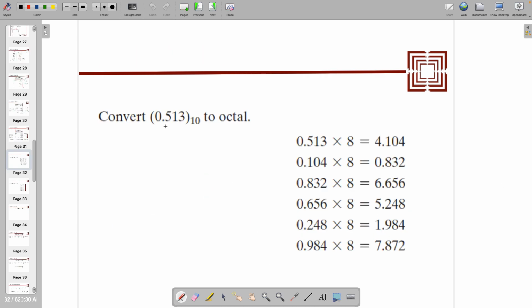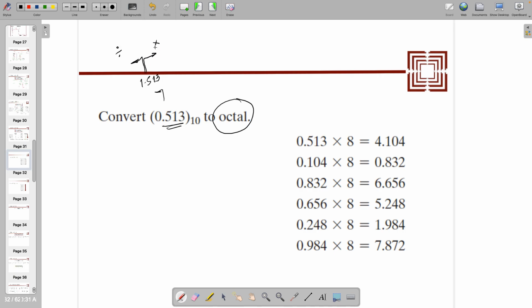So now if it is some number like 0.513 in decimal to octal, octal is base 8, so you have to multiply by 8. But if it is this side, let's say 1.513, then to convert this 1 to octal, you have to divide 1 by 8, right? So for the integer side you have to divide, and for the fraction side you have to multiply.